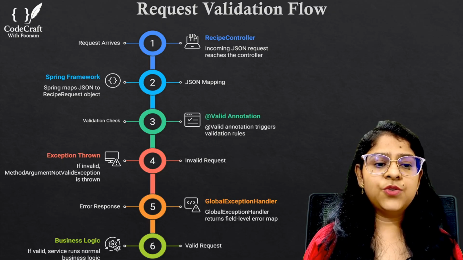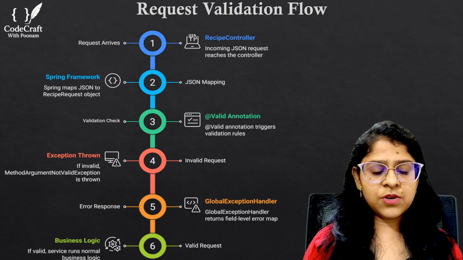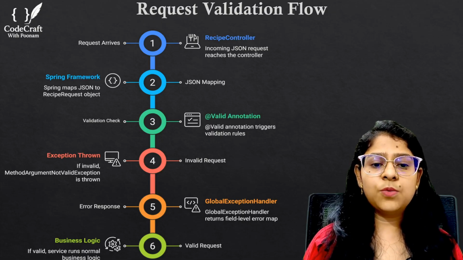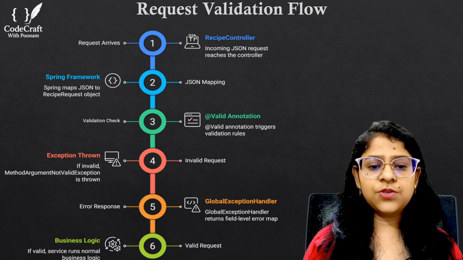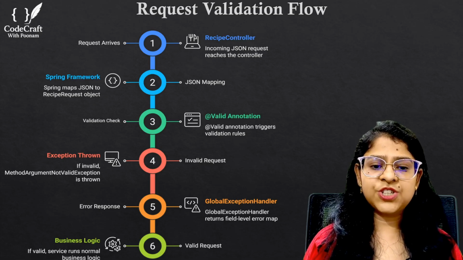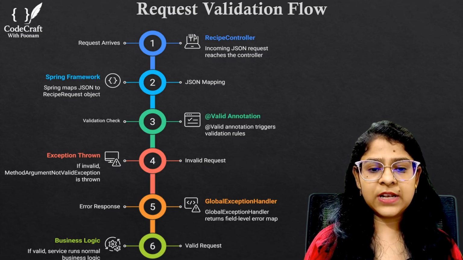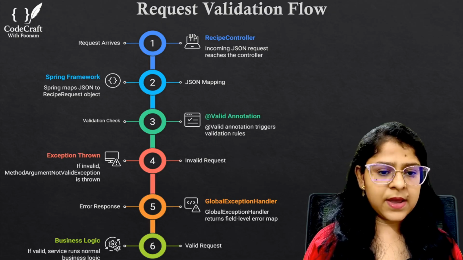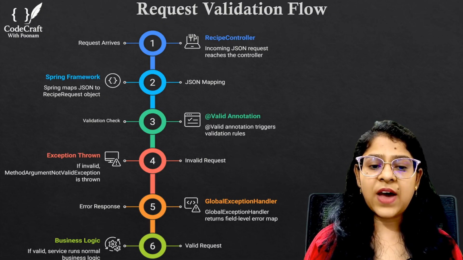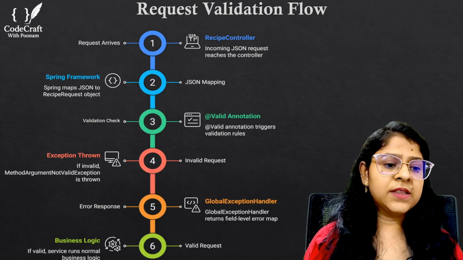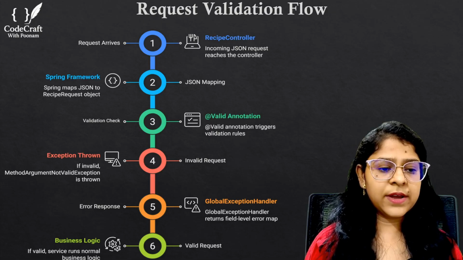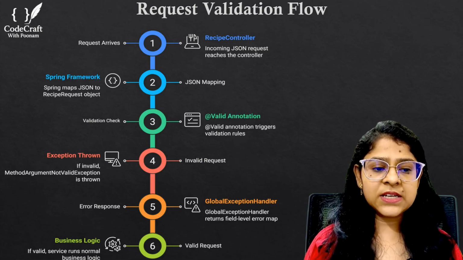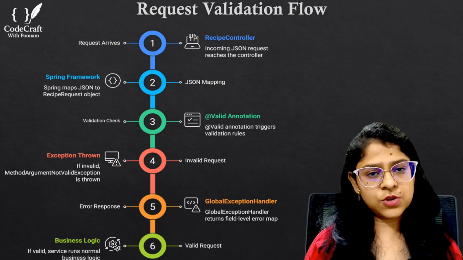And then you will get an error response. Okay. The global exception handler will handle that exception. Okay. So here the global exception handler returns a field level error map. Okay. And then if there is a valid request, then it will move to the business logic, nothing but our service layer. Okay. So here if valid, service runs normal business logic.